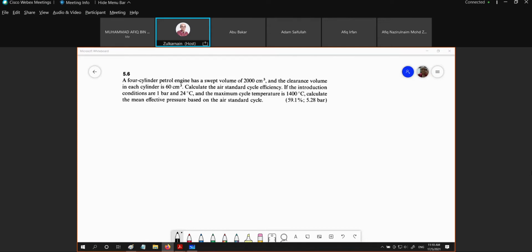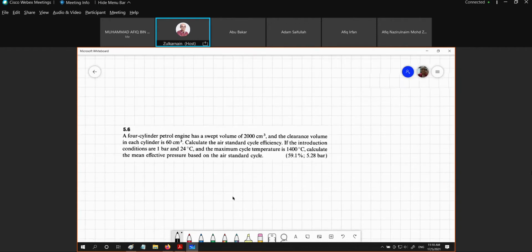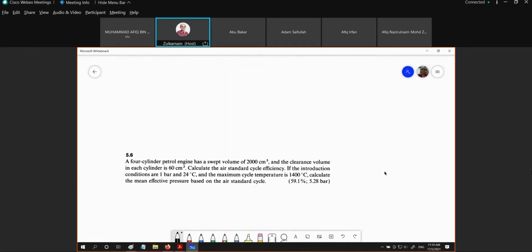Okay, so this is the problem, and can we try to look at the geometry of this type of engine by sketching the piston and cylinder. We have an engine which consists of 4 cylinders, and the 4 cylinders have a total swept volume of 2,000 cubic centimeters.